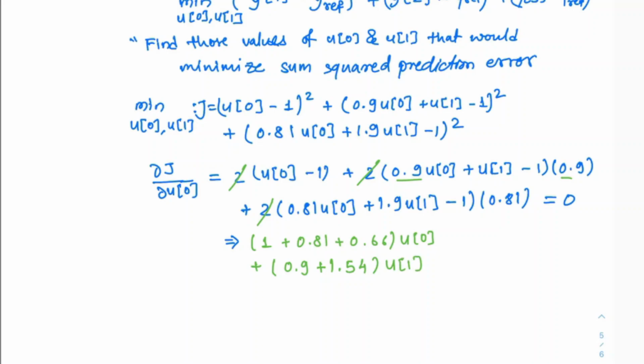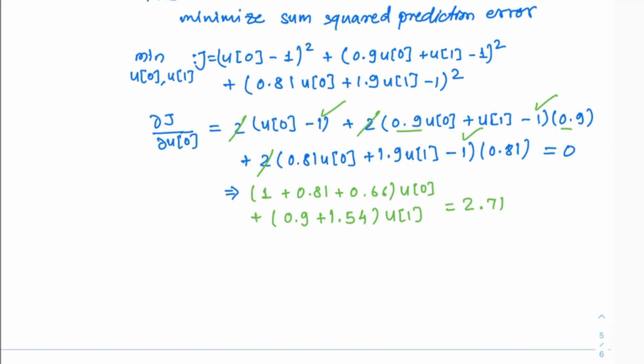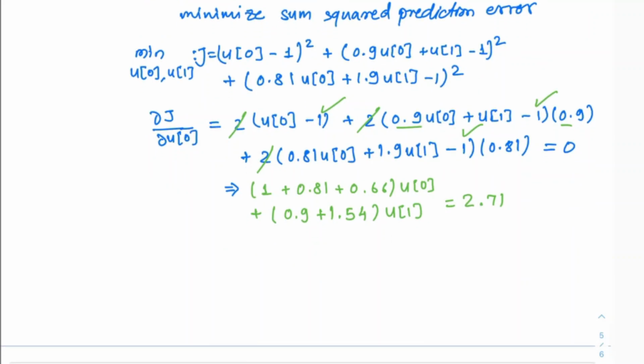I'll take the minus 1, minus 0.9 and minus 0.81 and send them to that side, so it will be 1 plus 0.81 plus 0.9, which is 2.71.